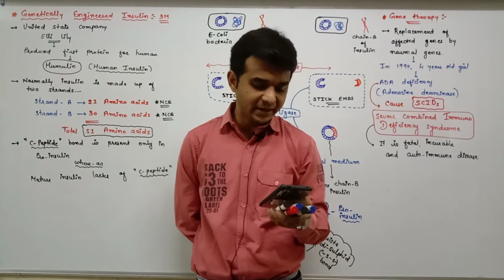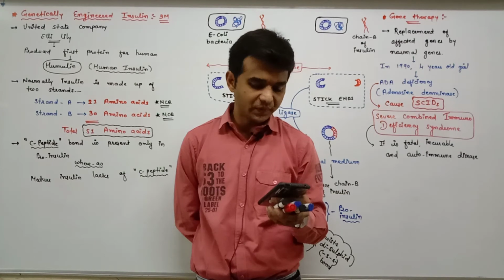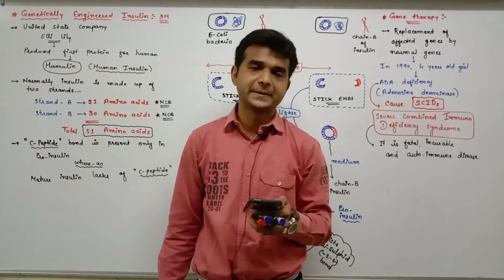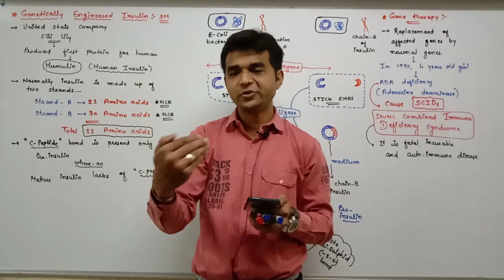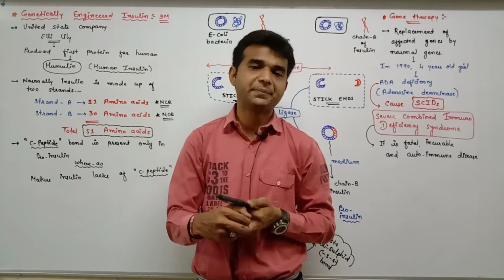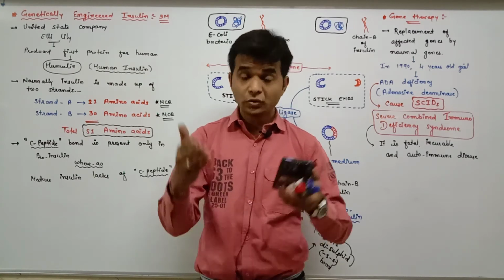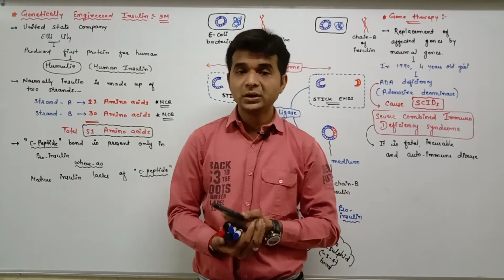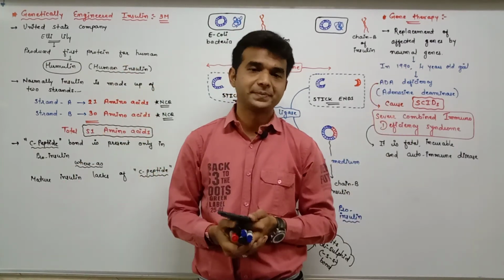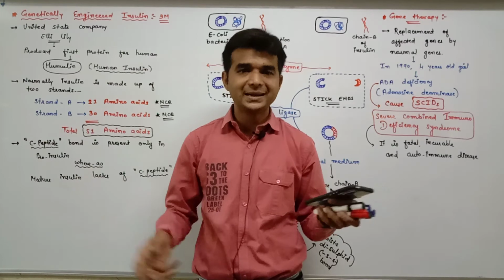The patient requires periodic infusion of such genetically engineered lymphocytes. So now all of you are thinking, sir, these are all temporary treatments. But what is the permanent treatment? Let's see.